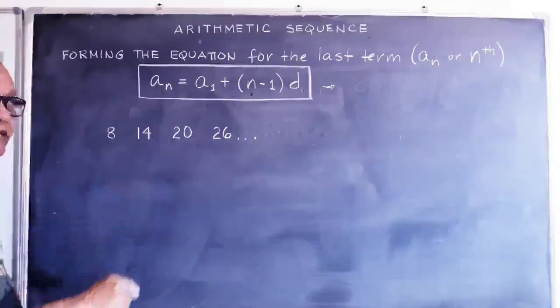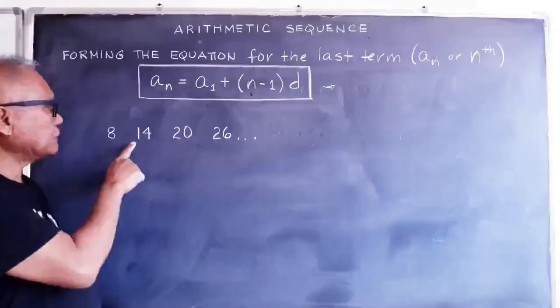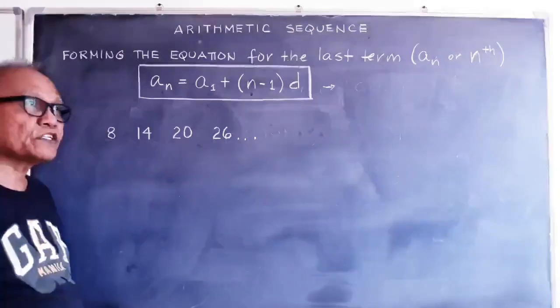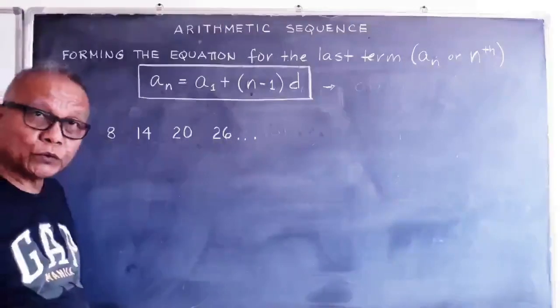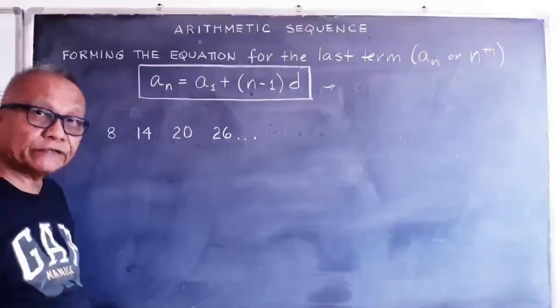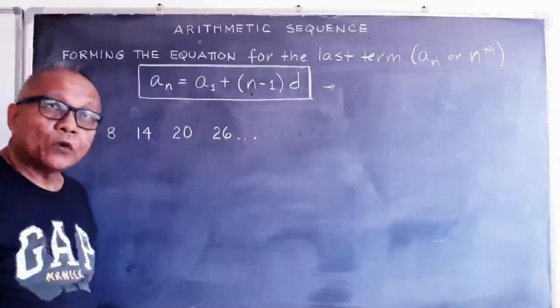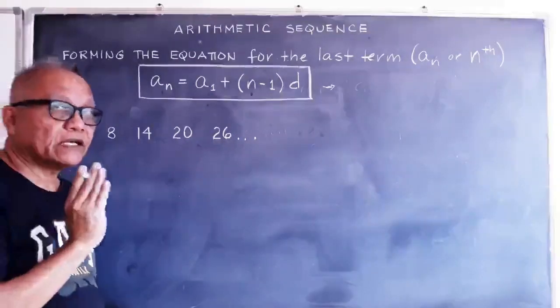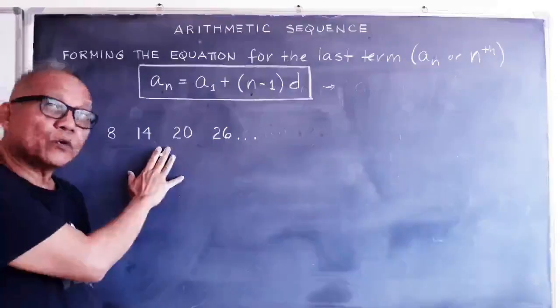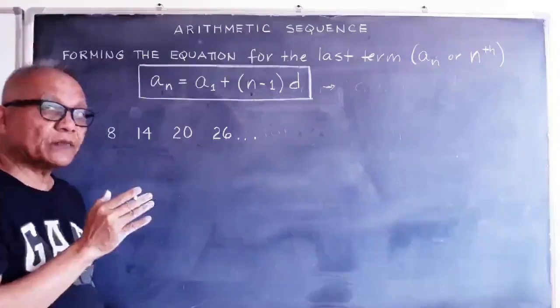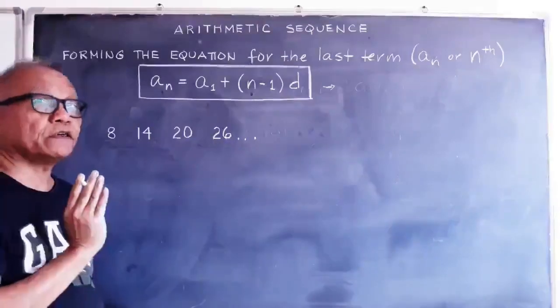We have our sequence here, class. We have 8, 14, 20, and 26. The first thing that you will do is to find the difference. Because in arithmetic sequence, we are adding a certain number to our sequence. When I say adding, it does not mean that we are adding a positive number.